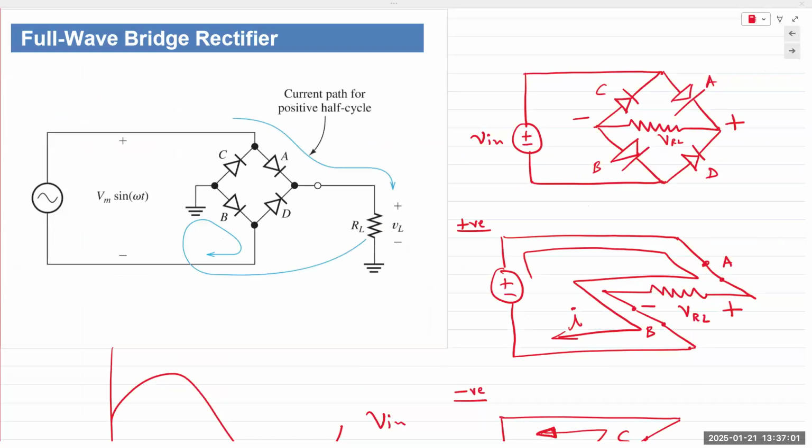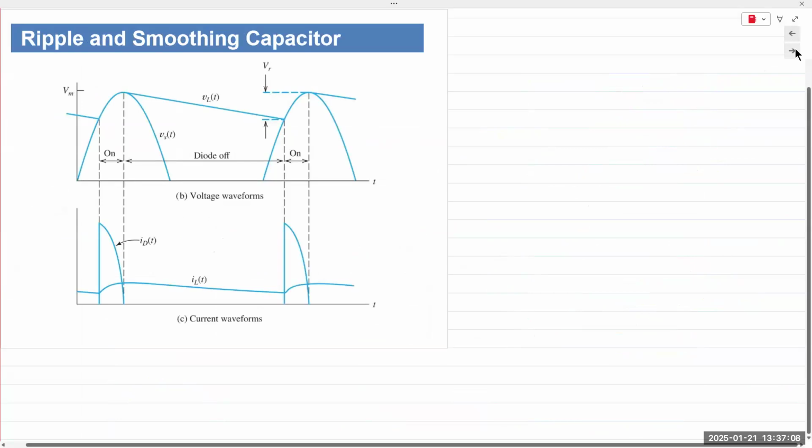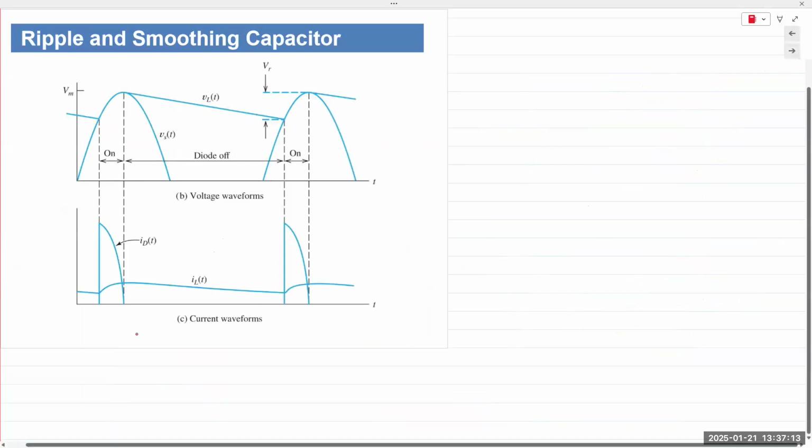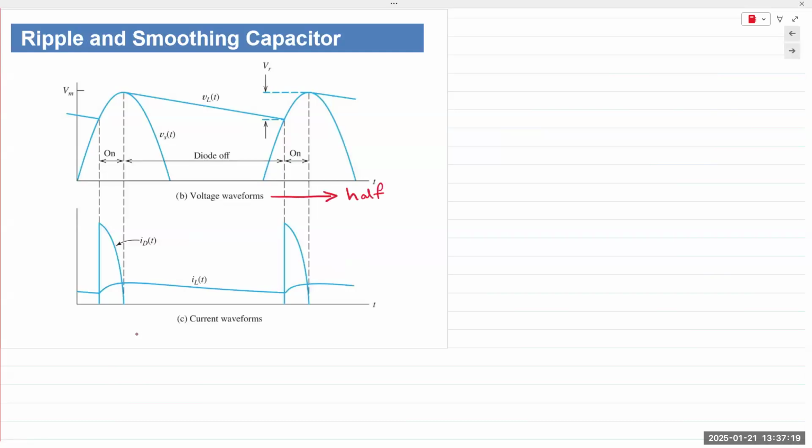Okay, so the output of a rectifier circuit is still not quite a flat line, right? Especially if it's a half-wave rectifier, we only have half peaks. So in this waveform diagram right here, we can see the output voltage for a half-wave rectifier.